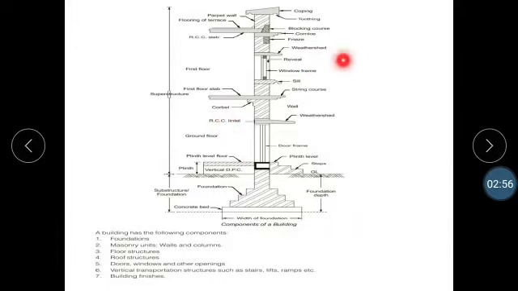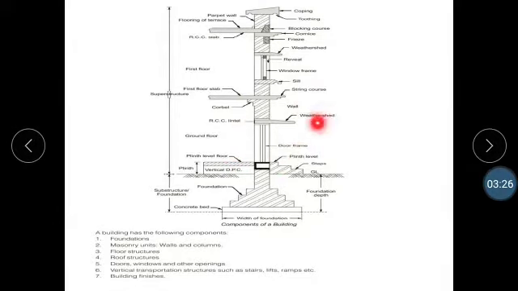So this is the sectional view of components of a building, wherein we can see a foundation, masonry units, then floor structure, as the slab consists of the floor, then roof structure, and doors and windows for entering from one block to another block.